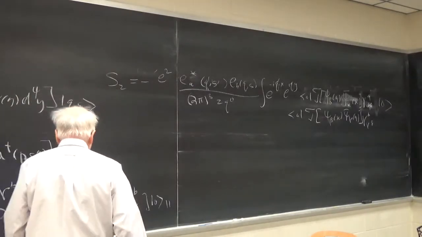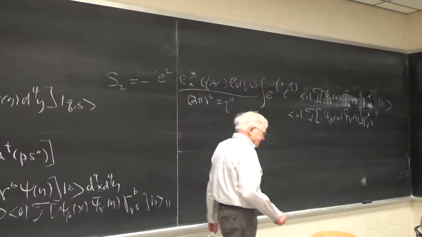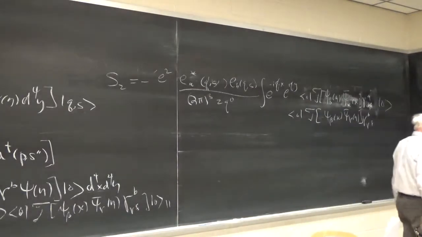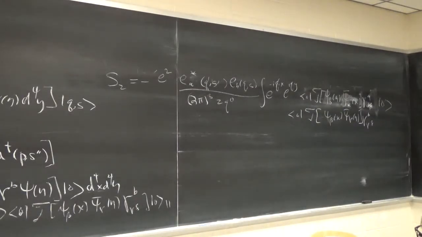Well, frankly, I find the Wick theorem to be, I mean, it's great that Wick did it, but I think it's more instructive for students just to see how it works directly.